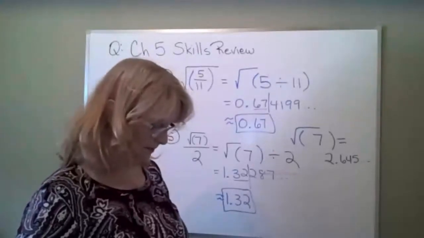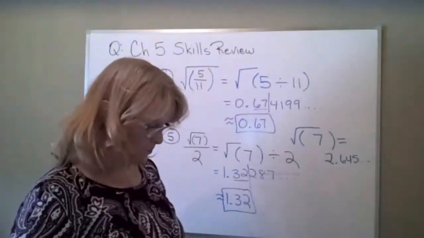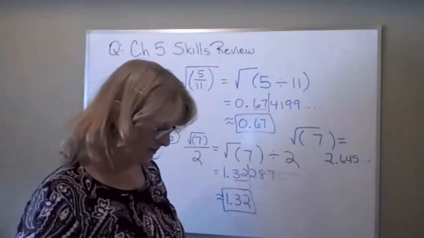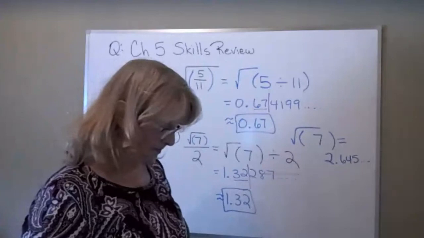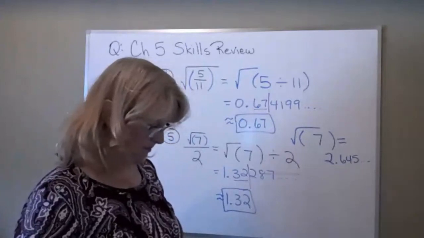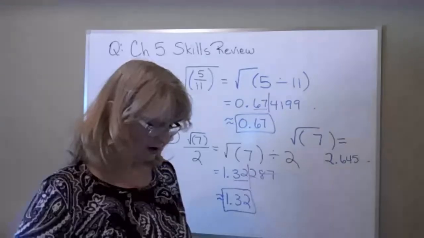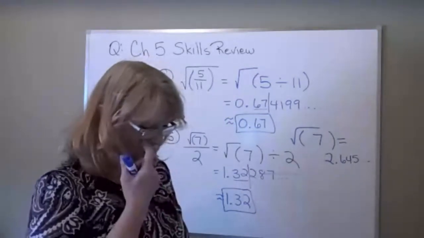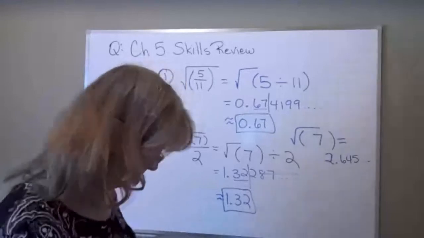Let me see. On mine, there's a button that says DRG, and you just hit Control and click that button. I don't know if it's the same for y'all. DRG. Yeah, degrees, radians, that shouldn't matter.